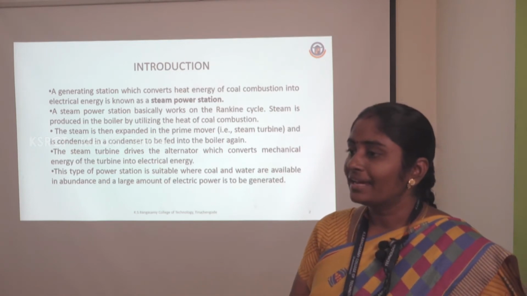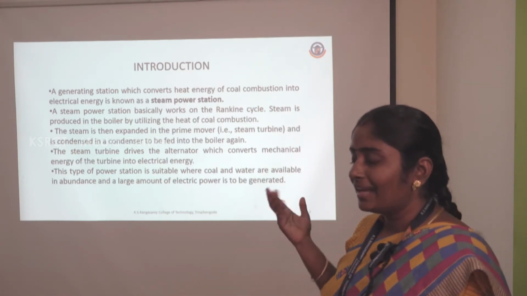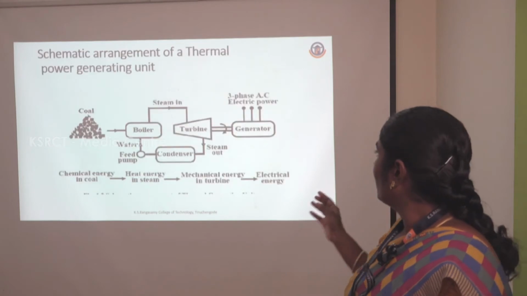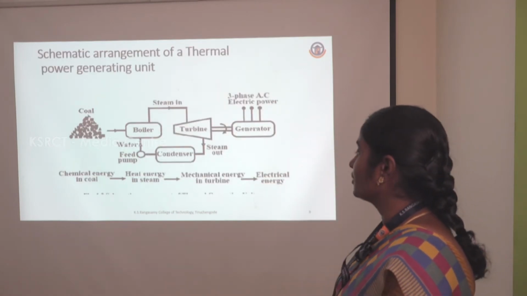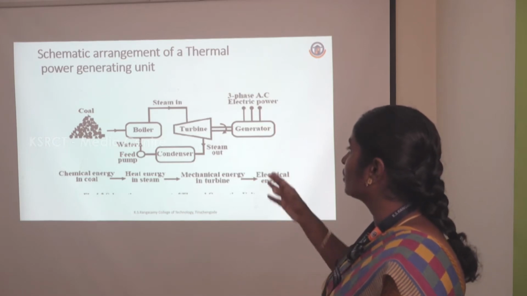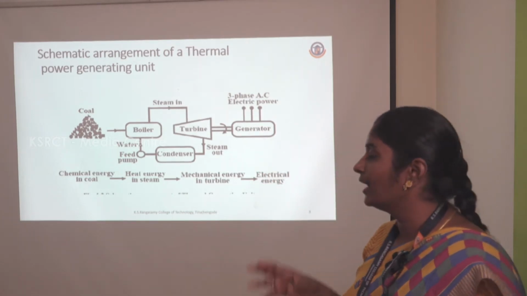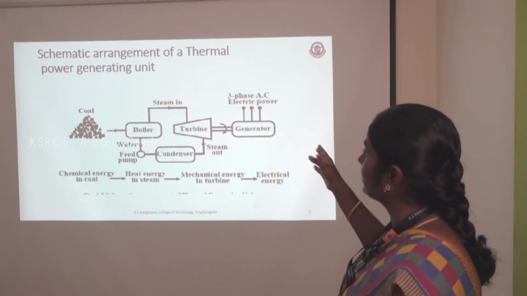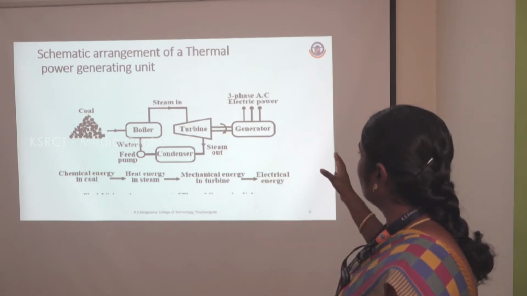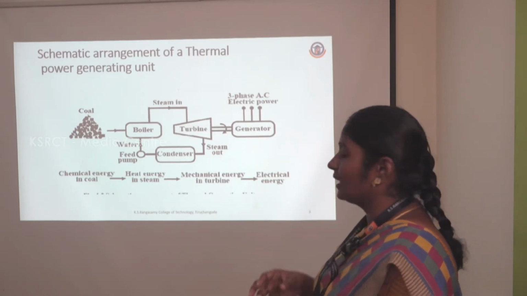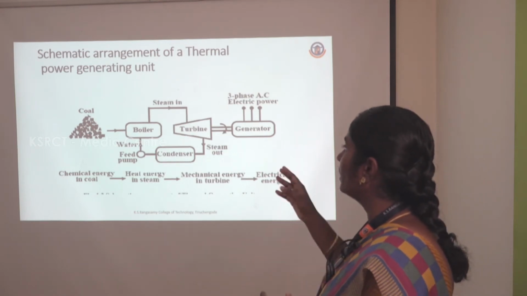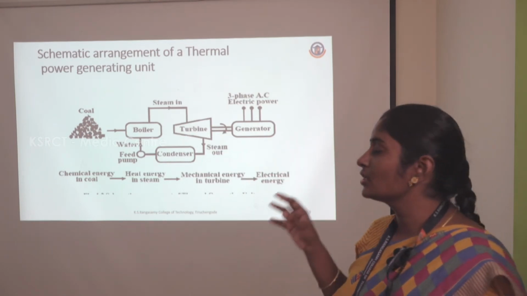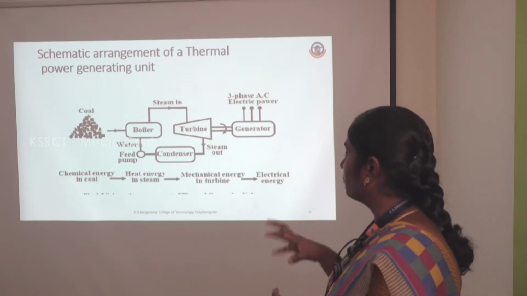In the diagram, we can divide into various sections. The first arrangement is the coal handling section, then the steam generating section, and finally the section that changes mechanical energy into electrical energy. The first section is the coal handling section. The coal is given to the boiler.